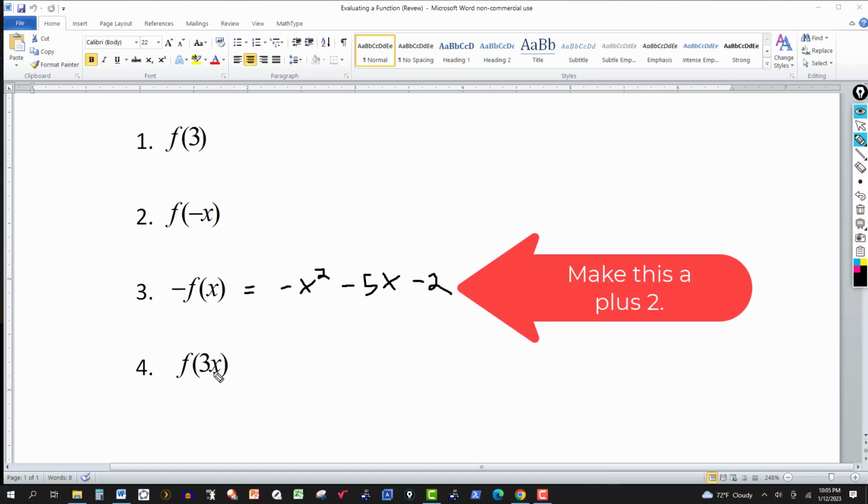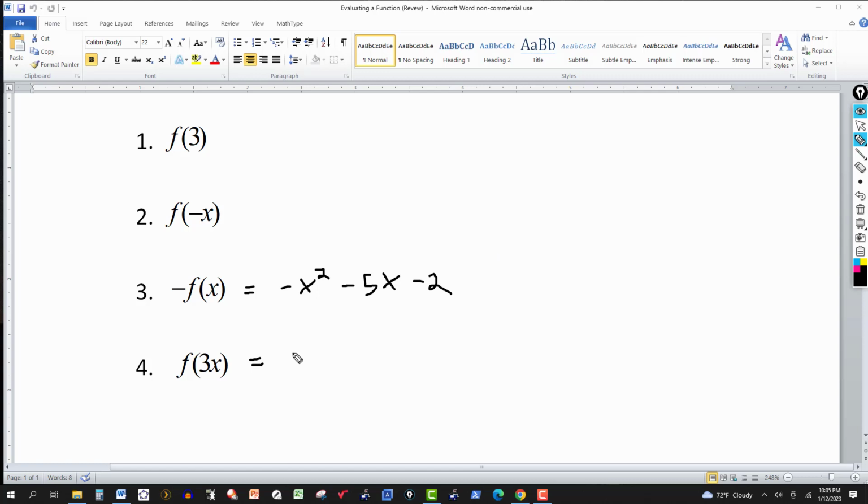Okay, now f of 3x, again, same thing as f of 3, except in this case, instead of just plugging in a number, you replace the x by 3x. So we got x squared. So put a 3x where the x is. This becomes 3x squared, plus 5, replace the x by 3x. Minus 2 doesn't have an x with it, so that stays the way it is. And then we just simplify this. 3x squared is 9x squared.